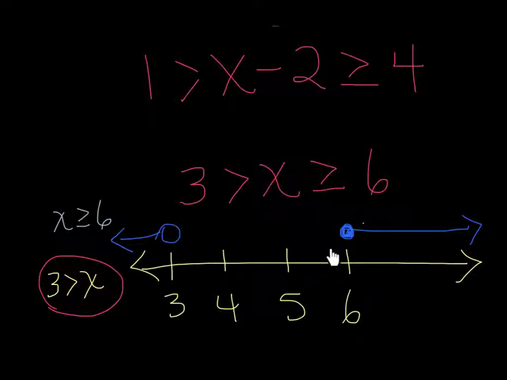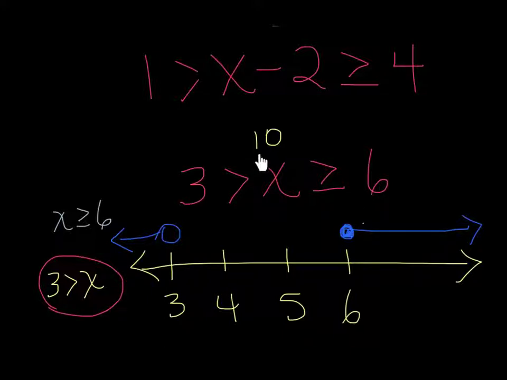So what happens, since these two inequalities do not intersect, if I pick a number over here, let's say 10, and I put 10 in, 10 is greater than 6. However, 3 is not greater than 10.